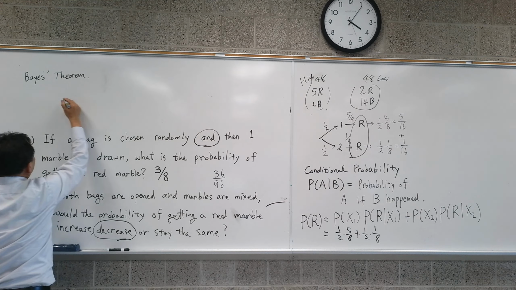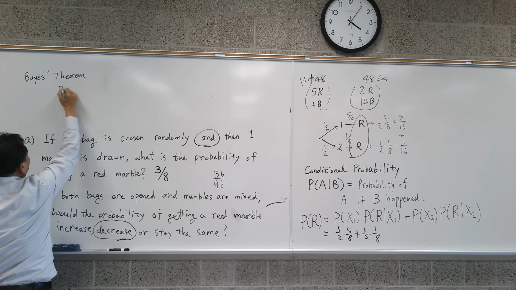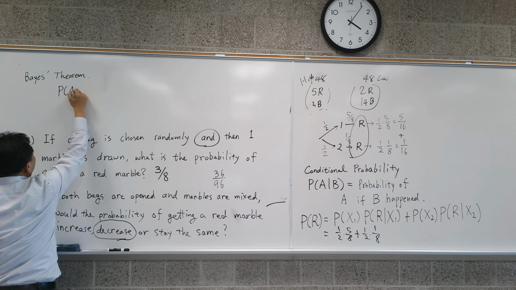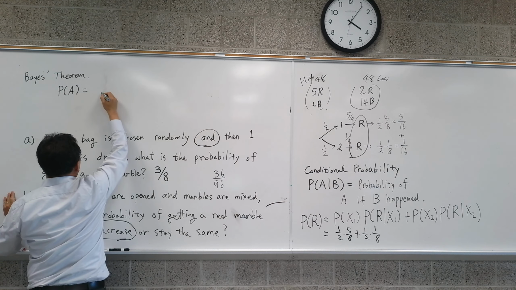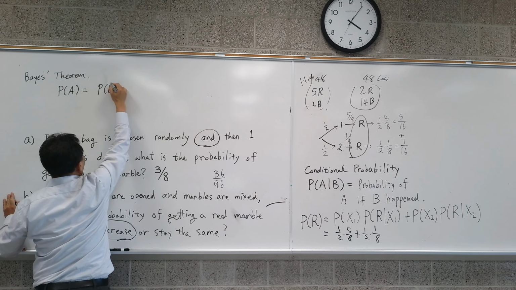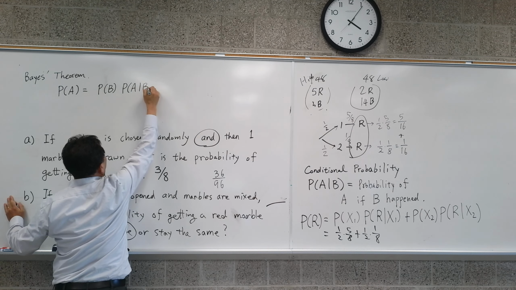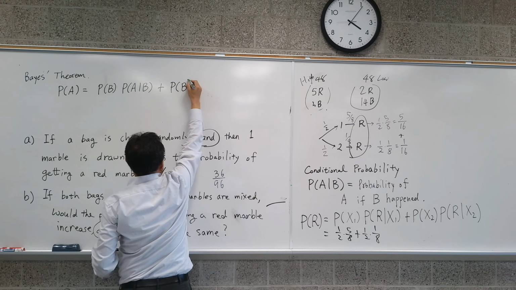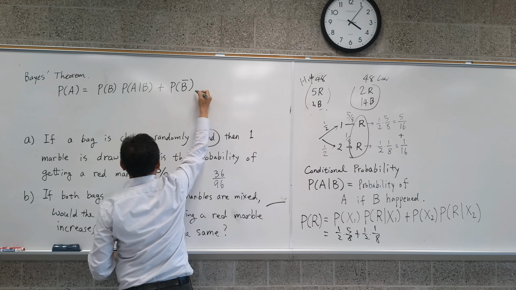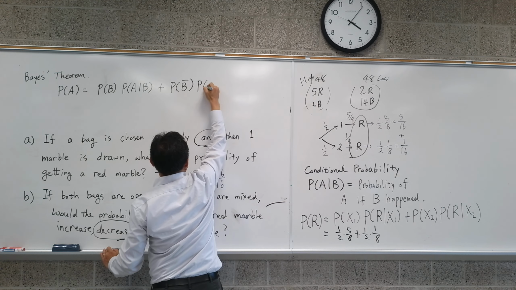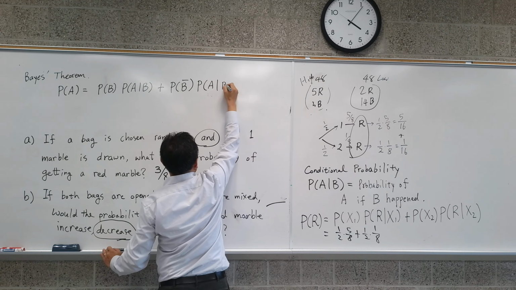So the first version is P of A is equal to P of B times P of A under B plus P of B complement times P of A under B complement.